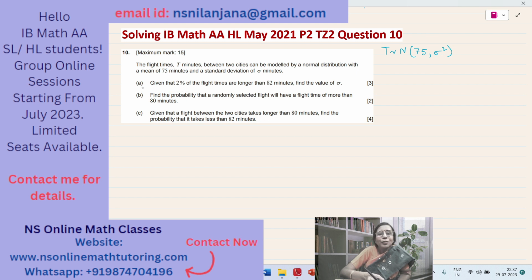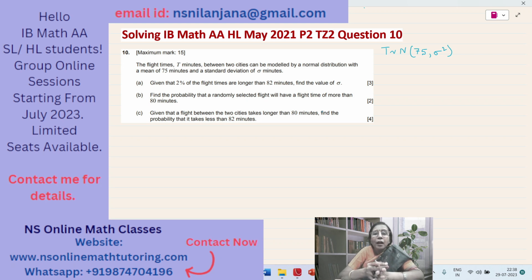Subpart A says, given that 2% of the flight times are longer than 82 minutes, find the value of sigma. Whenever the percentage is given, you have to use the inverse normal function.